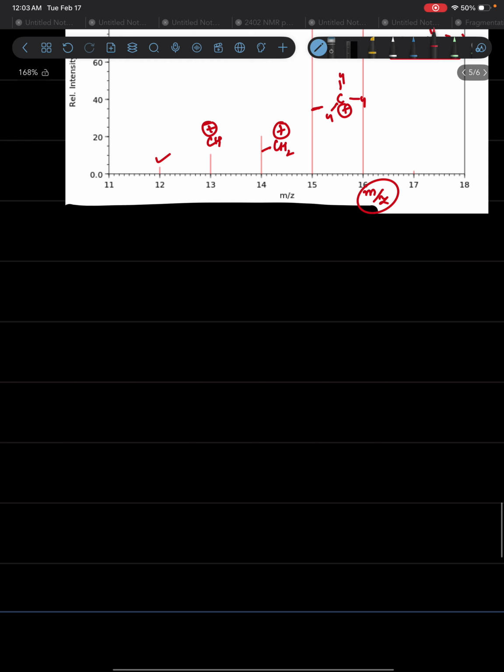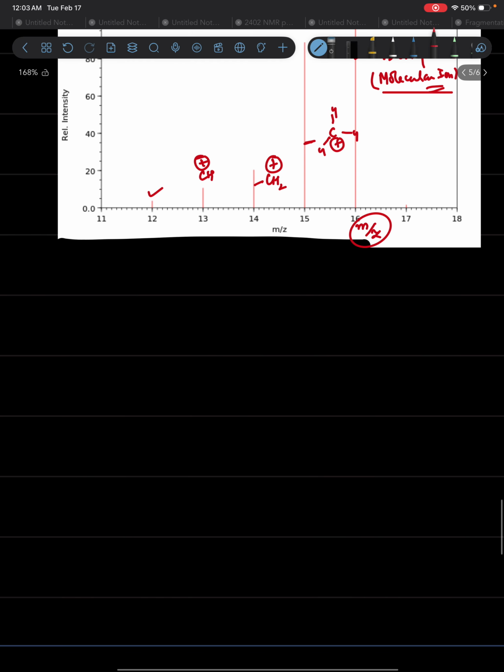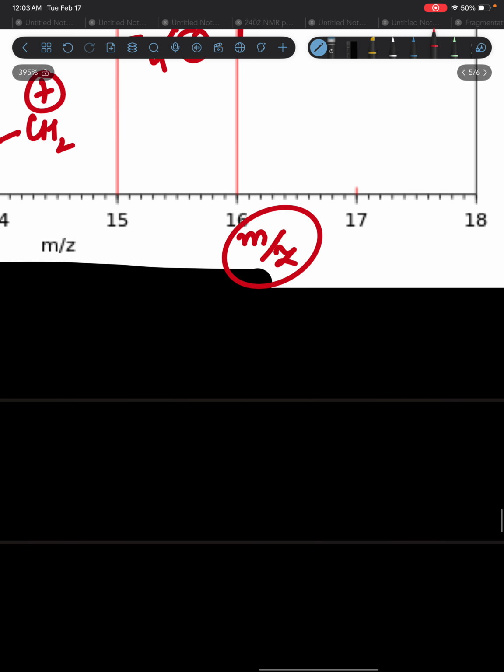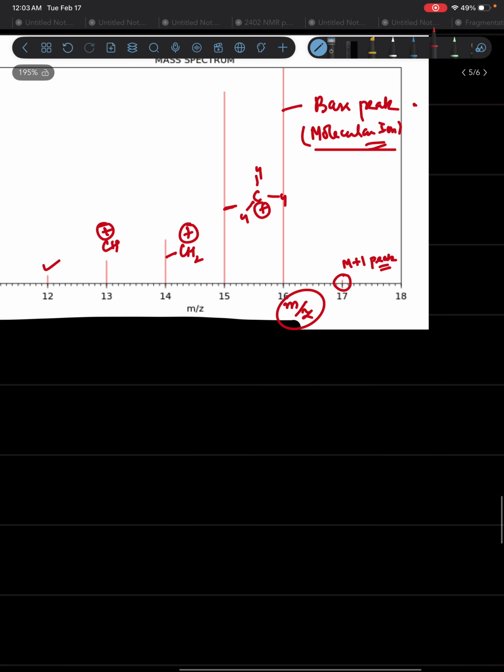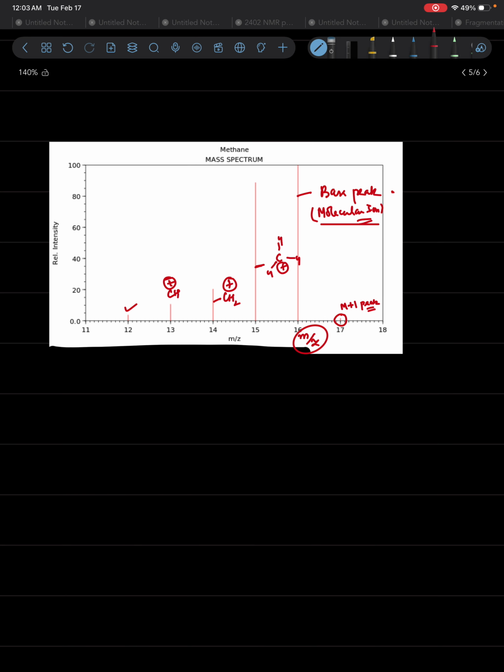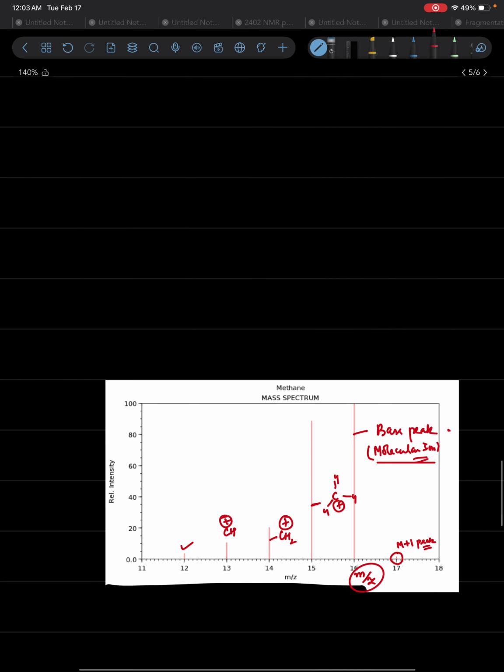We can also see something here, which we call the M+1 peak, and we'll see where it is coming from. So this was about the principle of how to interpret the mass spectrum.